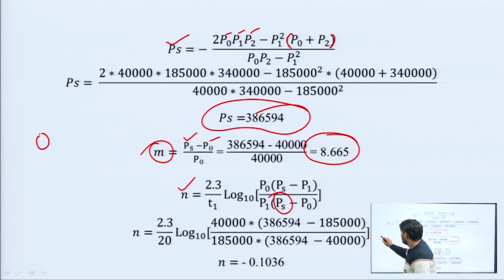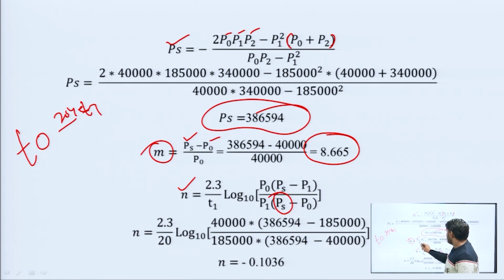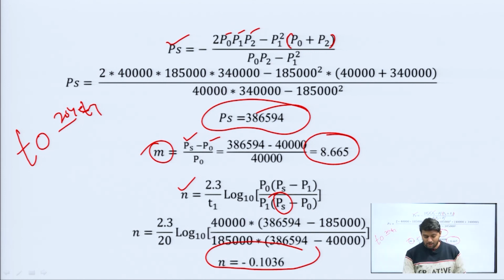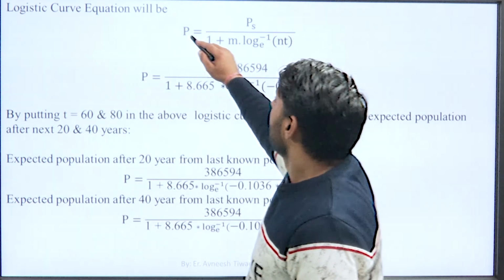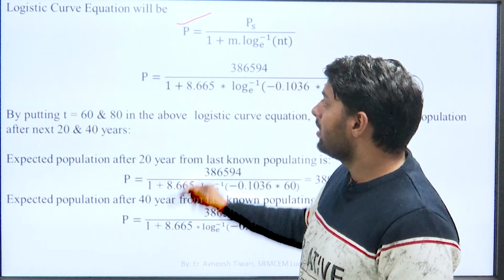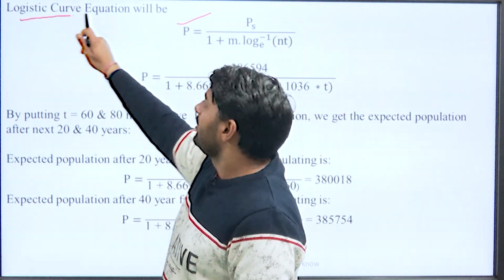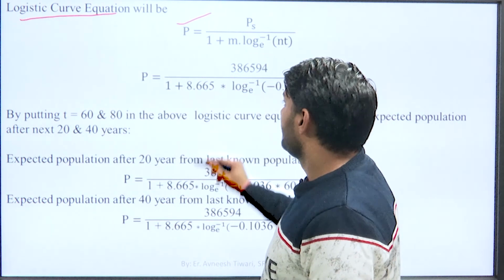Basically t1 is the time interval between t naught and t1, that is 20 years. After putting the values, we will get the value of n, that is minus 0.1036, and putting the values in the equation, we can easily derive the logistic curve equation.